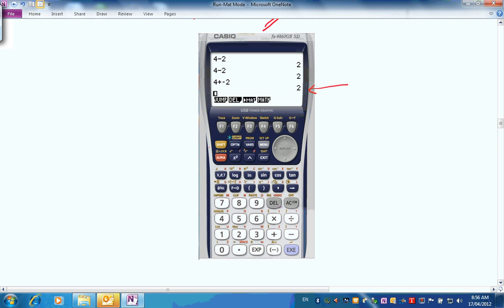Now, the important thing here is that the calculator does not accept this sign for subtraction purposes.